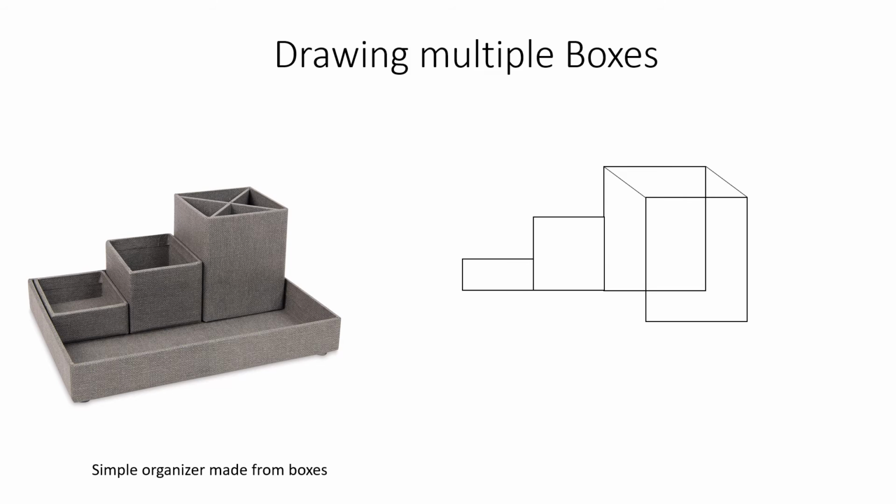Now we already have the height of the second box, so we connect that to the side, and this gives us our height to draw the front, or the oblique, of that second box, and we do the same thing for the third box.